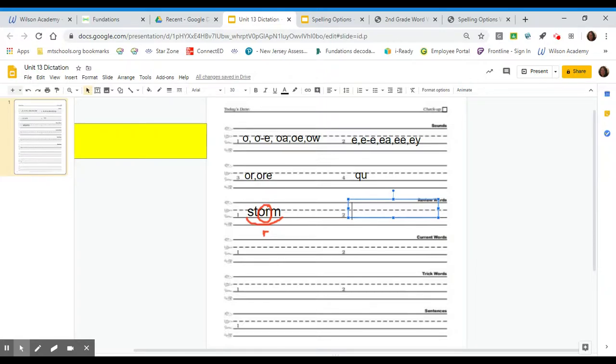Number 2, selfish, selfish. Go ahead and write the word selfish. Mark up your word and then check it with mine.